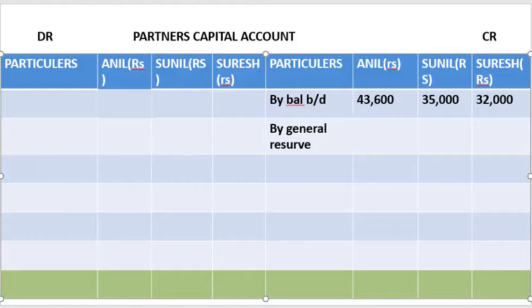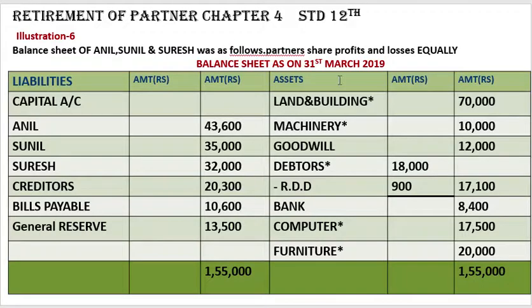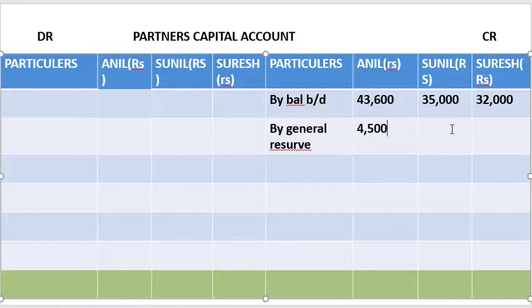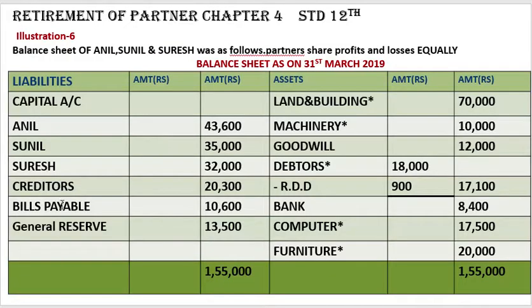They are sharing profit and loss equally, so obviously we'll divide the general reserve 13,500 by 3. Whatever answer we get, we'll put it in Anil, Sunil and Suresh. So that gives 4,500, here also 4,500 and here also 4,500.